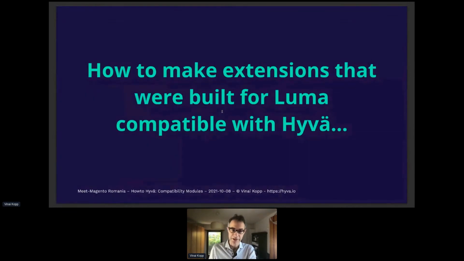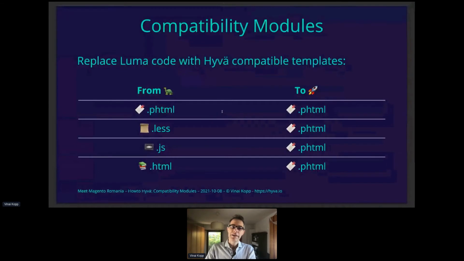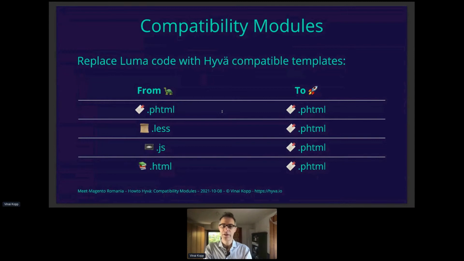So the answer, as most of you maybe already know, or maybe not, I don't know, is compatibility modules, right? So the idea is to create an additional module that replaces those parts of the Luma code in a module with Hyvä compatible ones. So normally it's just a bunch of PHTML files that override the other files from the Luma module. And it's actually not that hard, right?